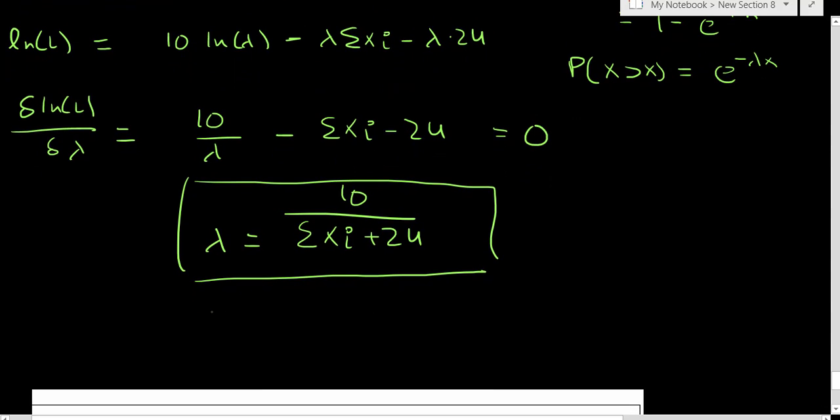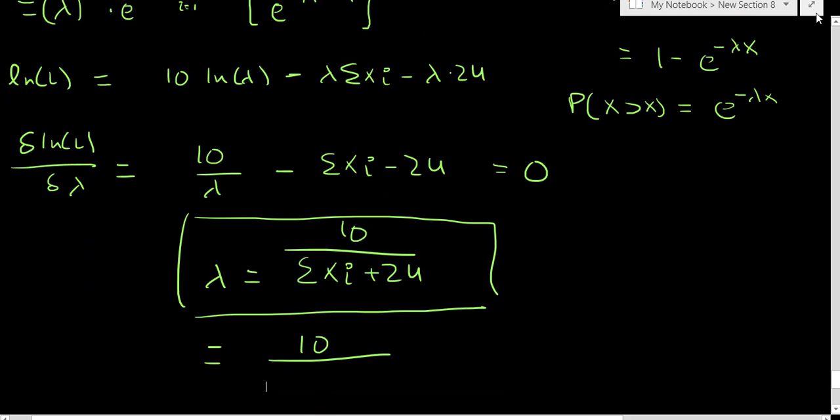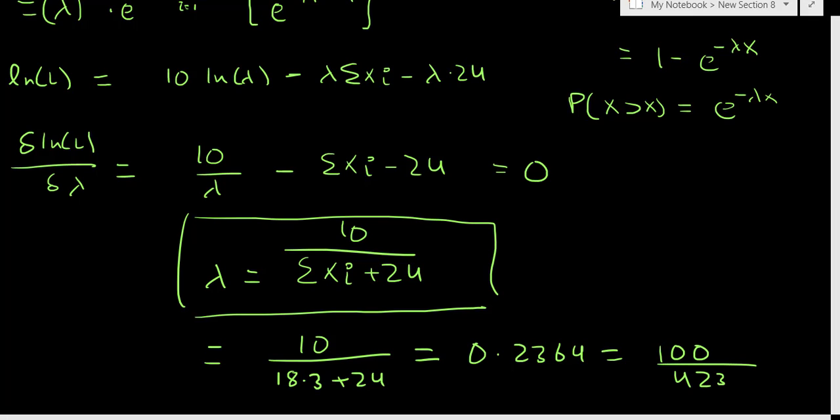And putting the values of sigma xi and 24 here, what was the sum of xi's? So this value is 18.3 and this is 24. So my final answer is 10 divided by 18.3 plus 24. That is 0.2364, and in fraction terms it is 100 upon 423.